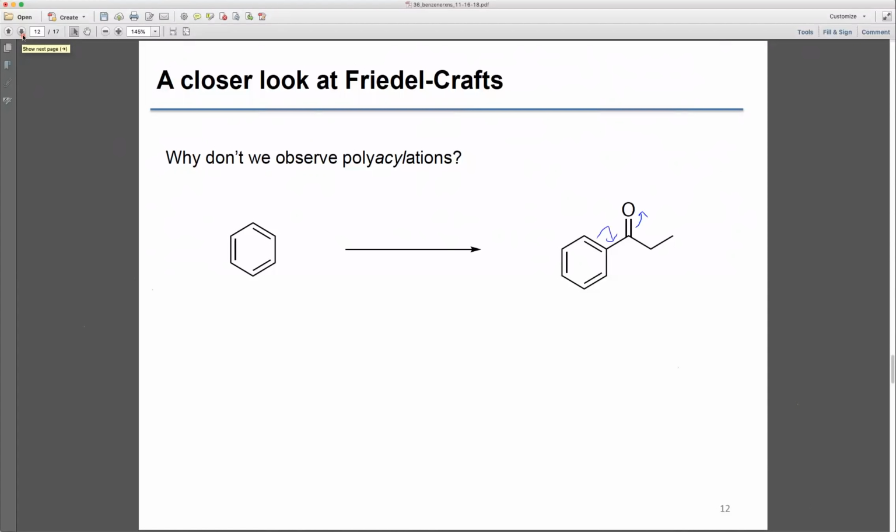Yeah, we have a deactivated ring because the new group that has been added is a resonance withdrawing group. Okay, so we don't observe polyacylation, no problems there. All right, so I just wanted to highlight that. And we have just one more slide, I think.